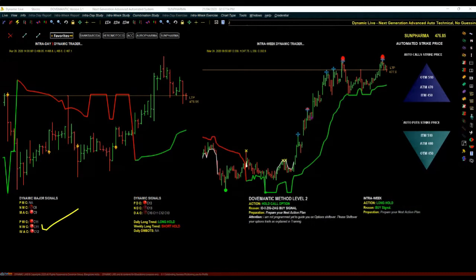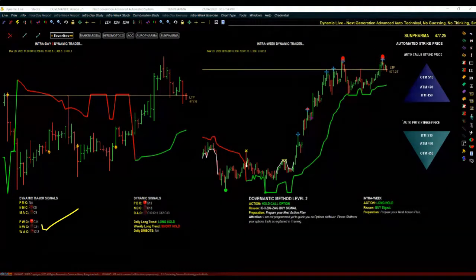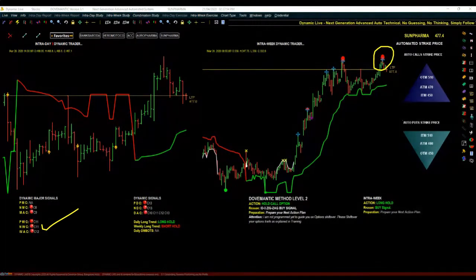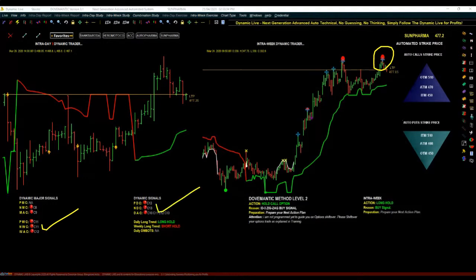So we saw, you can see in Sun Pharma, right on top there is a dynamic caution with a pressure strength of C11, which is a very high pressure. And NDC is also C13, once again a high pressure. Then you also have one more major dynamic signal, NMC, next month caution, which is also saying C8. All of them are red in color. It says the pressure is downward.